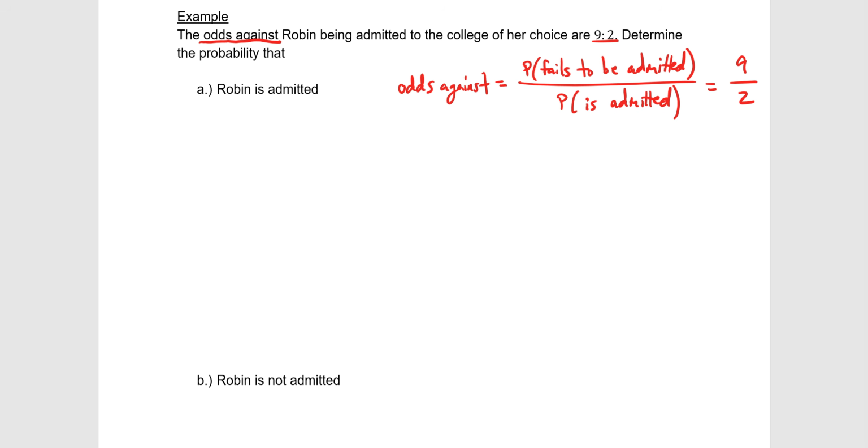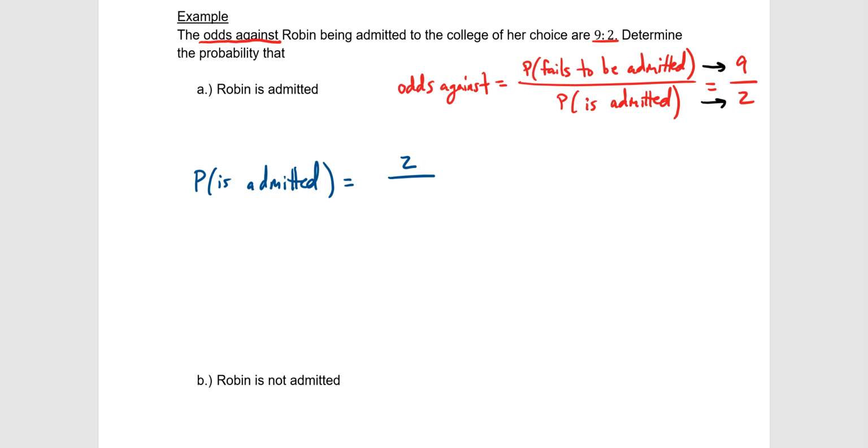All we have to do is take a look at the numerator for fails to be admitted, and the denominator for is admitted. The first question is that she is admitted, so that's going to be the denominator. So the probability that she is admitted is going to be 2 divided by something.